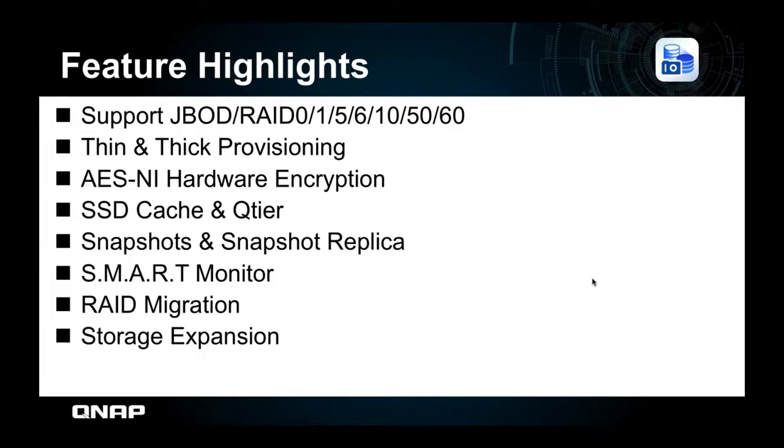We support SSD Cache and Qtier. And snapshots, as well as snapshot replica. We'll go into the difference between those two later. And we have smart monitoring of your disk health so that you can see if there's a problem and maybe replace your disks before they go bad. And we support RAID migration or storage expansion.